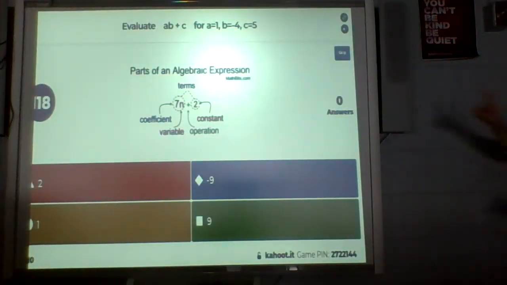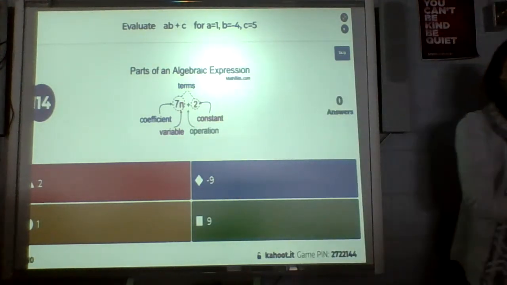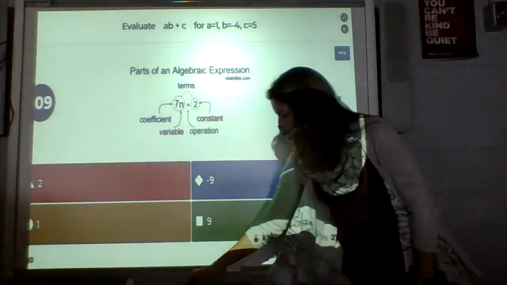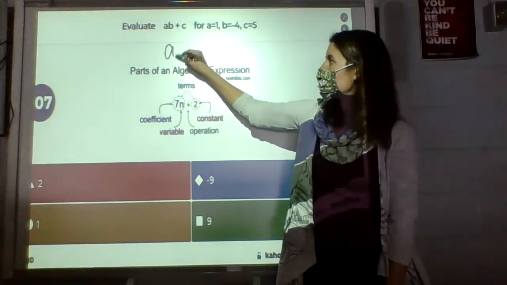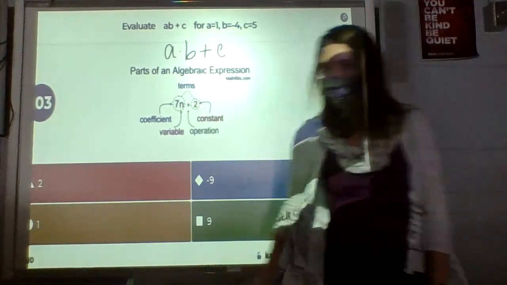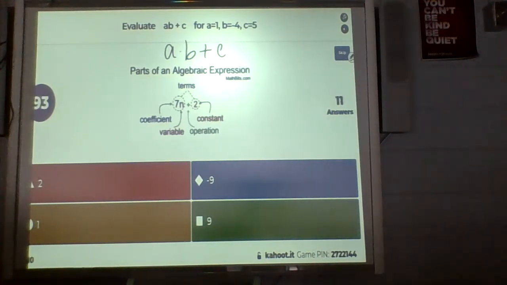So they're giving you values for A, B, and C, and you want to evaluate A, B plus C. And if you're confused, it really means the same thing as A times B plus C. That helps. You're using what they give you for A, B, and C up there. Notice that B is negative though.